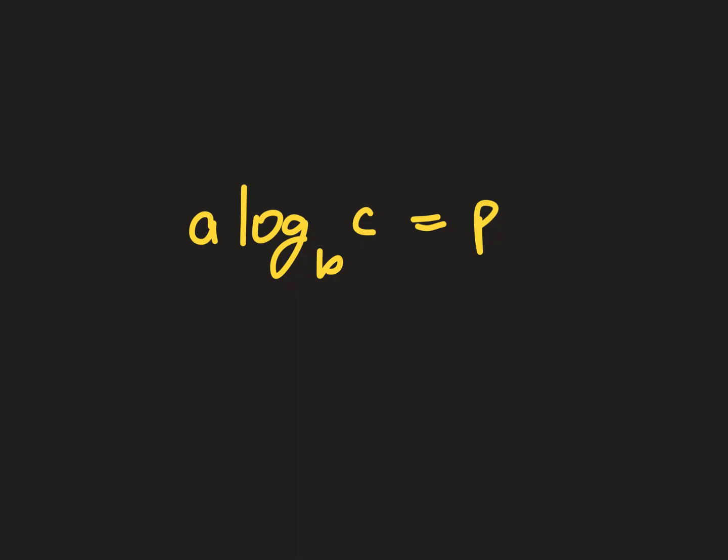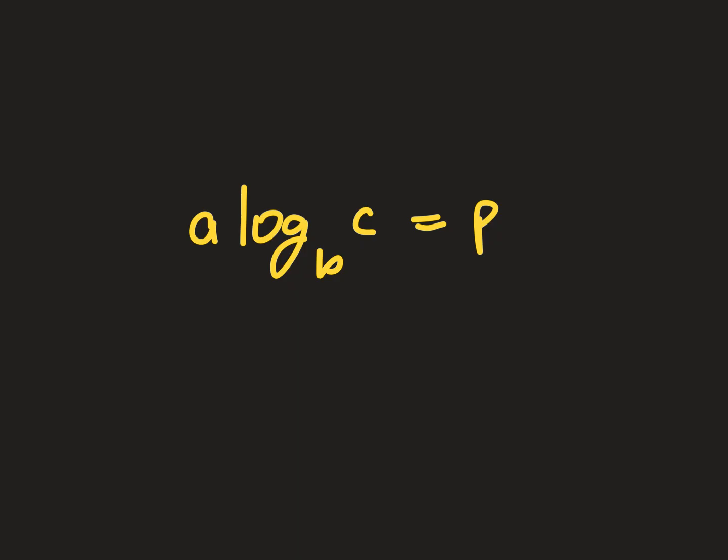Now if you asked me that on the test, what does rewrite this as an exponential mean? I can't tell you. You have to know that this is called a log, and you're supposed to know an exponential is the other thing that's not a log. Now some of you are going to struggle with what to do with that a. If you fix the a, it won't be hard at all.